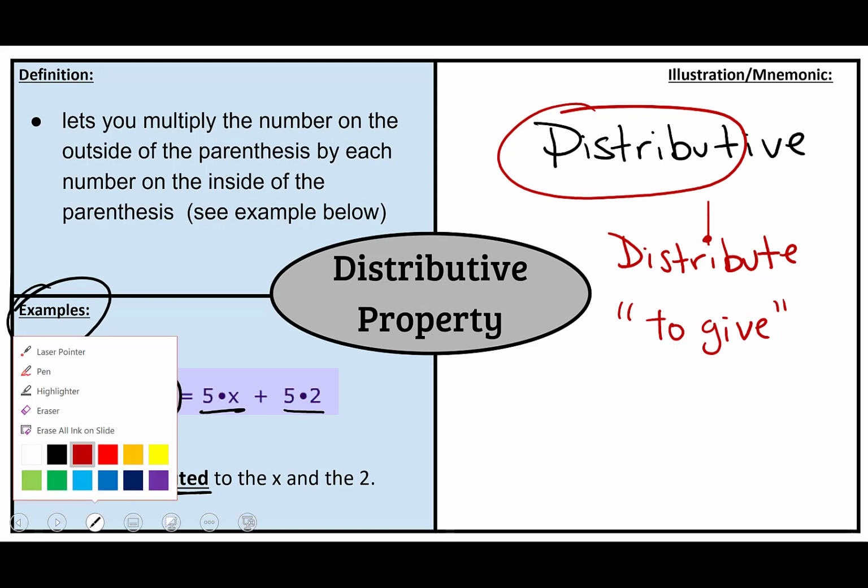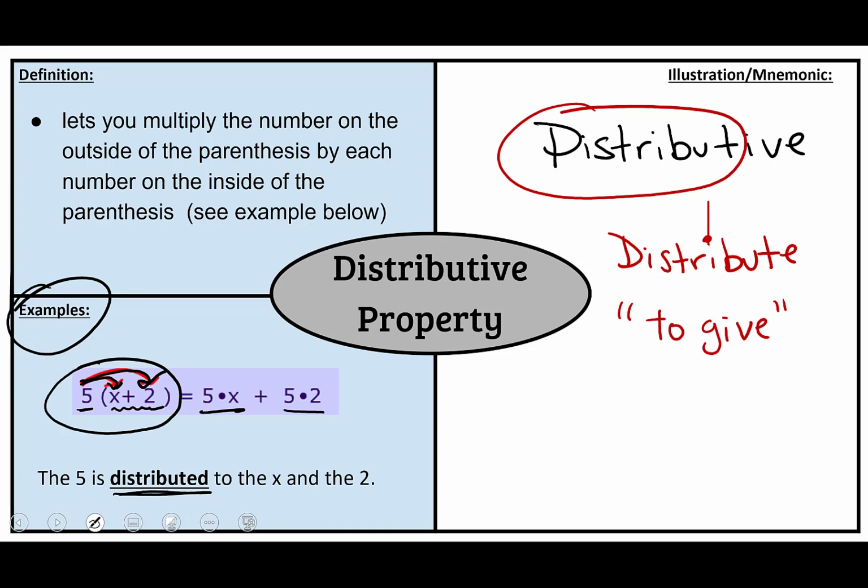If we are to review one problem kind of similar to what we did over here in the examples section, if I have the number 3 and I put the parentheses around the terms y plus 6, I have to distribute this 3.